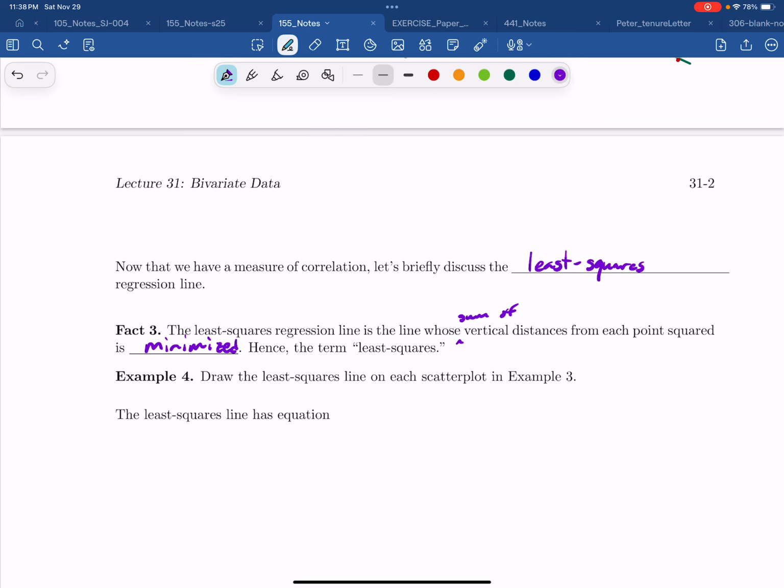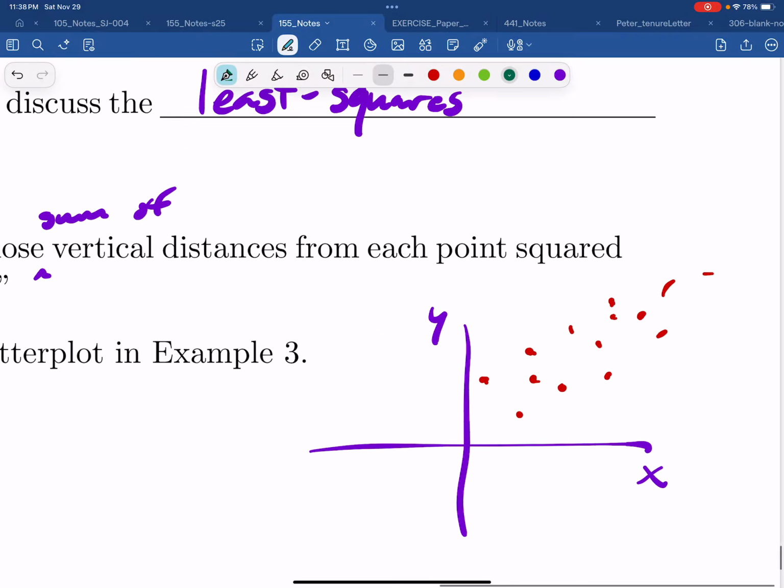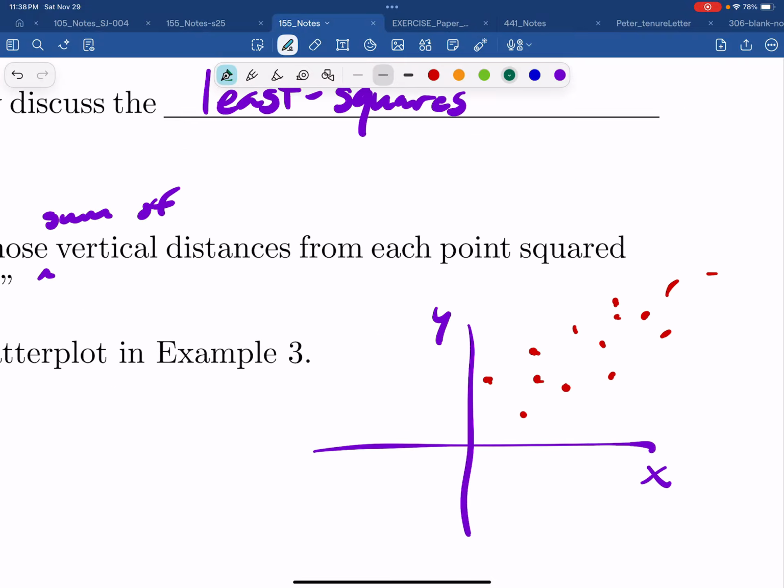What I mean is that if you have a set of axes, let's say x and y, and maybe you have some data points going over here. And then you've got some line, and you're trying to figure out what's the best line to properly find the relationship between these points?